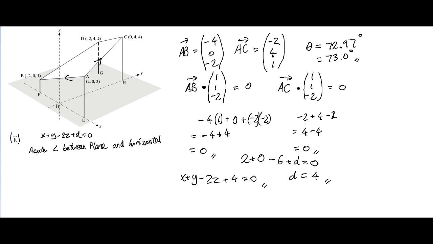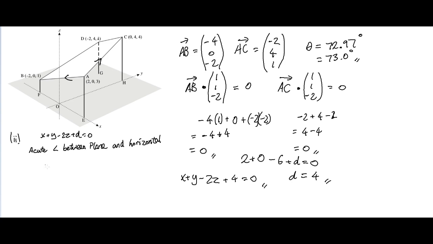So for finding the acute angle between the plane and the horizontal, we just use the normal vectors, because you have infinitely many vectors that you can construct in a plane, but there's only one perpendicular normal vector for every single plane.